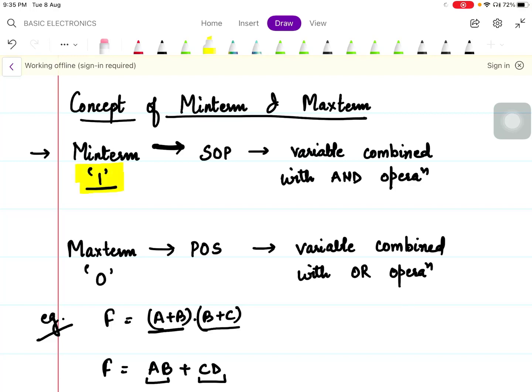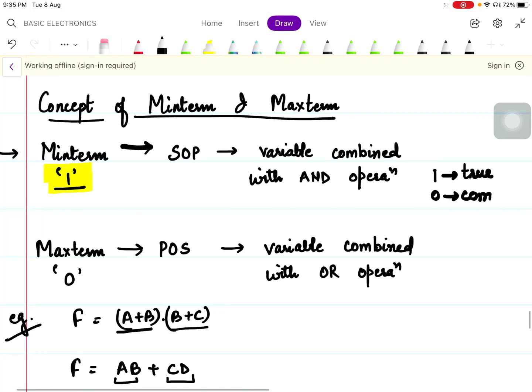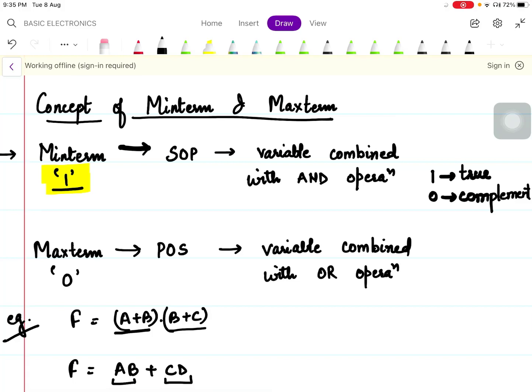What I mean by prioritizing one in minterms is that the variables which are one are in true form and zero is in the form of complement. When we write the minterms, this concept will be clear. But remember that in the case of minterms, one is given the priority. That means variables with one value are in true form and with zero value are in complement form.